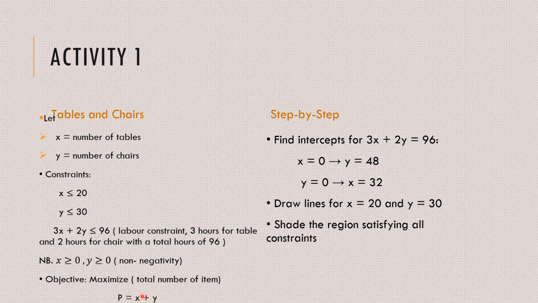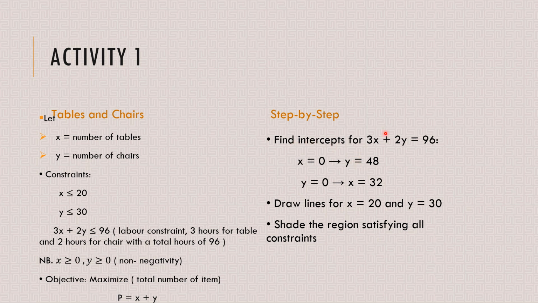I want to produce a maximum number of items, which is x plus y, the number of tables produced plus the number of chairs produced. When you combine them, you want to know the number of chairs and tables combined that we can produce per day. That is the optimization objective here.